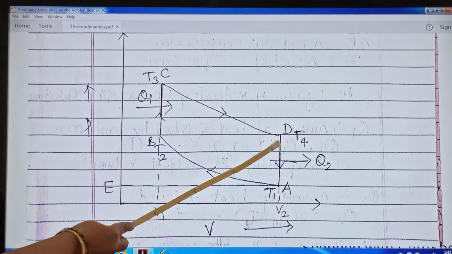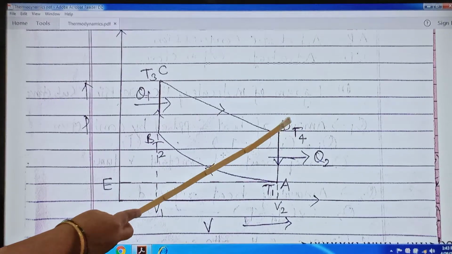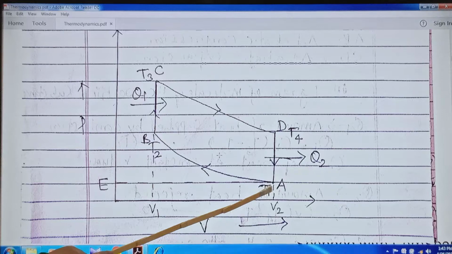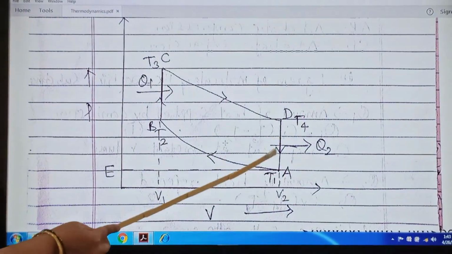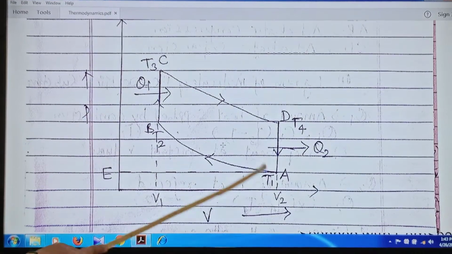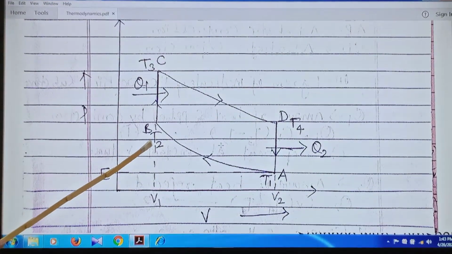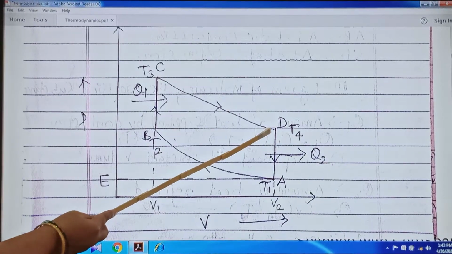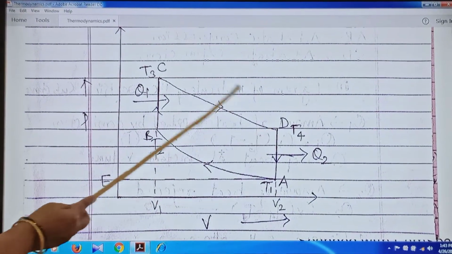At D, the exhaust valve is opened and the pressure falls to atmospheric pressure, and it is represented by the curve DA. AB is adiabatic compression, CD is adiabatic expansion.